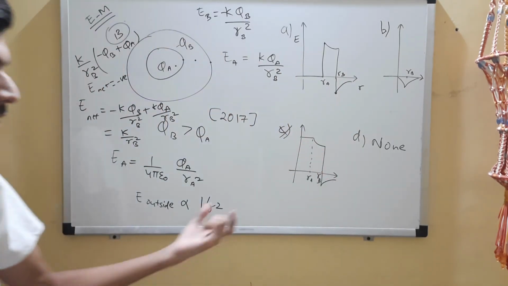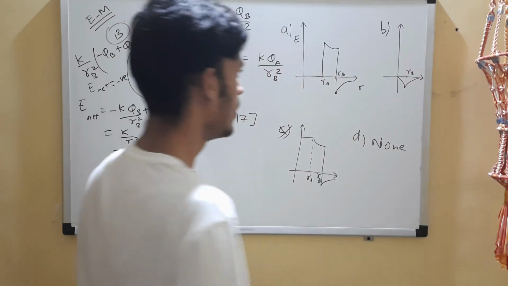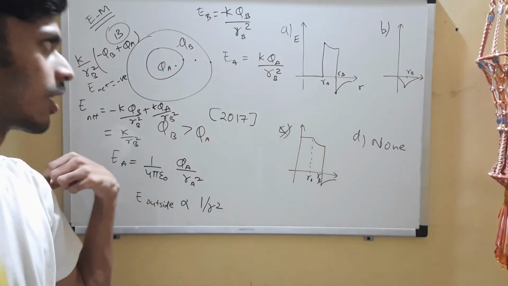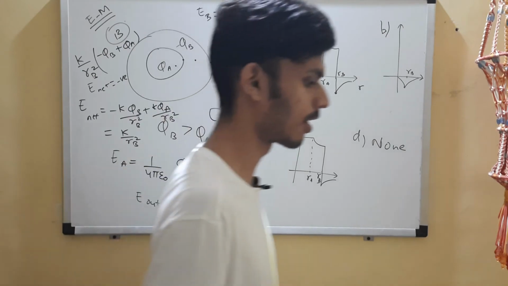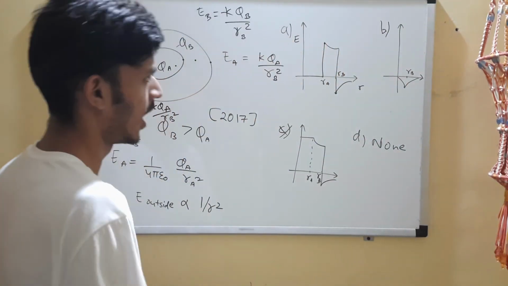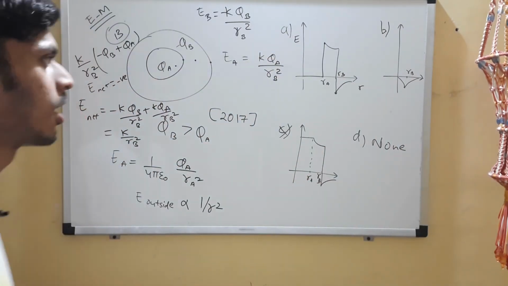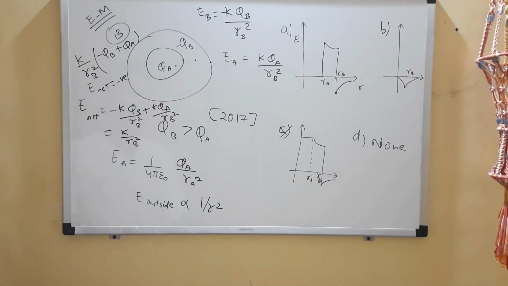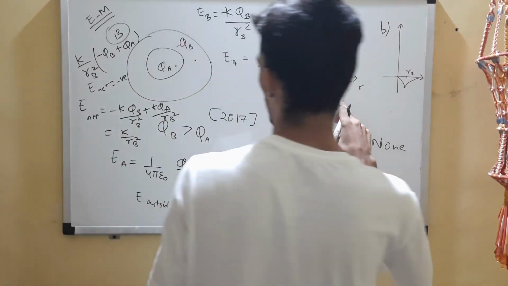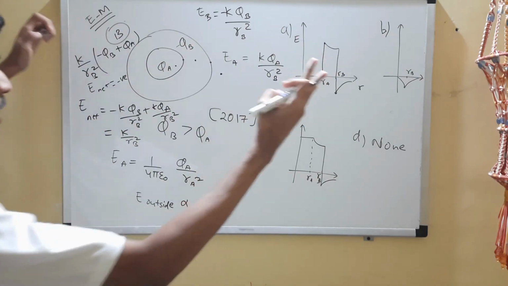Okay, so graph A satisfies that as well, even graph B satisfies, but anyways we'll prove it for graph A, and we'll find that graph A is the most appropriate explanation over here. I think there is an error in graph B because RA is not marked there. Anyways, we are left with the final region, which is outside both the shells.